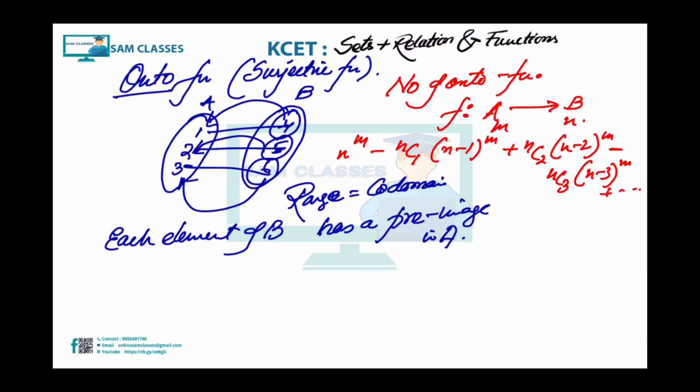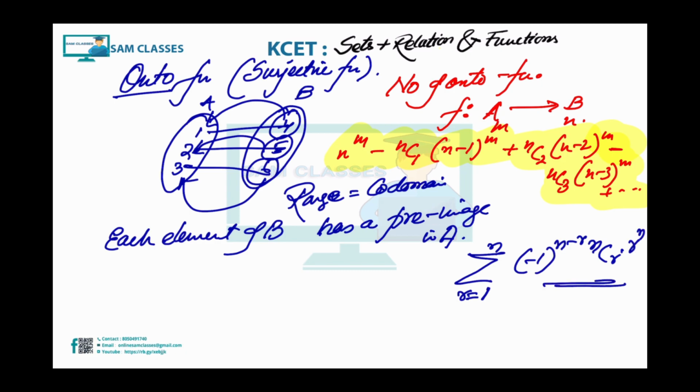Now you'll say, sir, the formula looks pretty big. How do we apply it? Once we see it in the exam, we don't have to do more than two to three steps at most of the formula. So don't worry about that. When we are doing the PYQs, we'll show you how to do it. You can go with this formula also: sigma r goes from 1 to n, (minus 1)^(n minus r) nCr r^m. So you can go with this formula also.